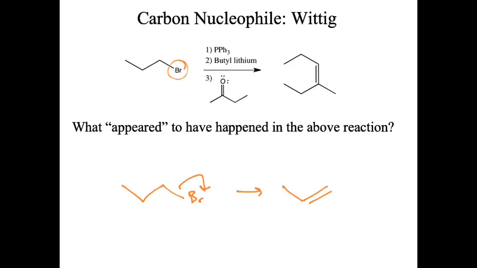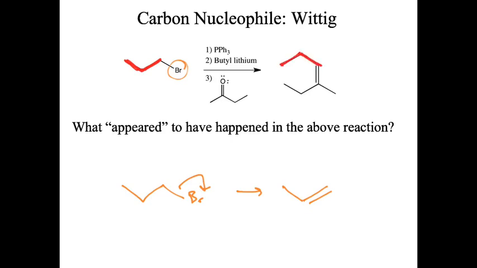You also started with a pi bond. Those of you saying the bromide doesn't have a pi bond are absolutely correct. But if you're going to make the argument that this is an elimination reaction, you need to make sure that the only thing that happened was that you eliminated a leaving group and a hydrogen.